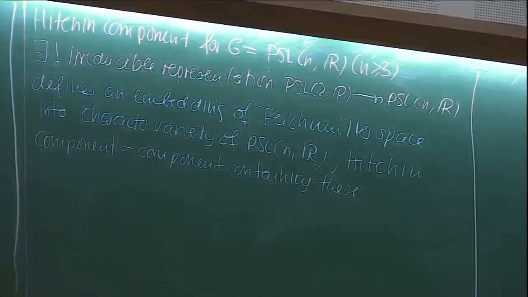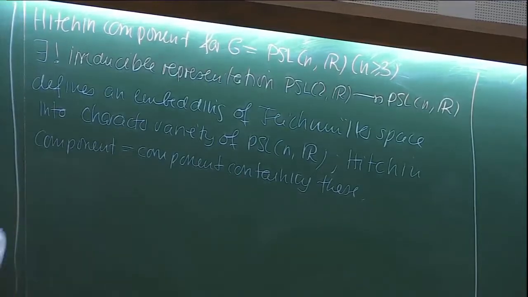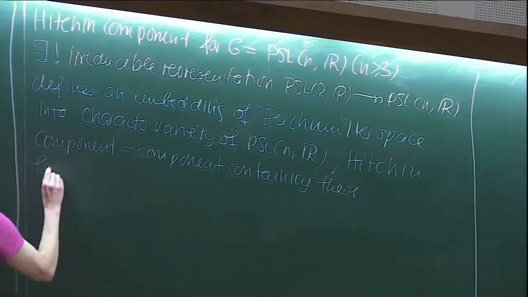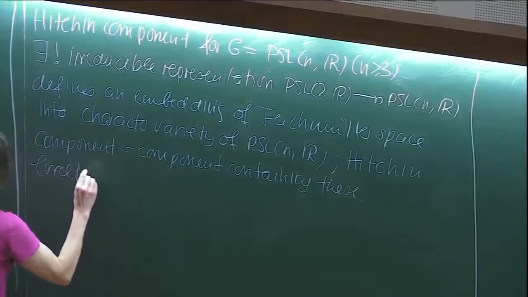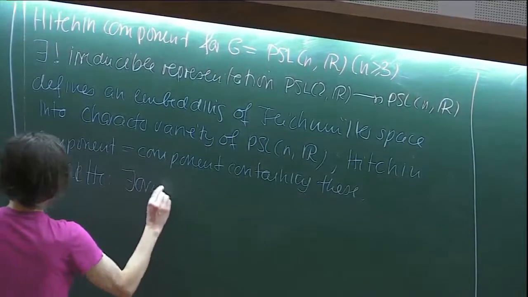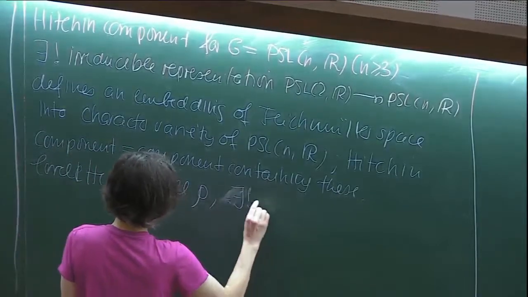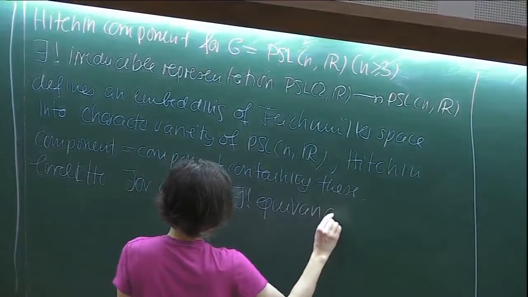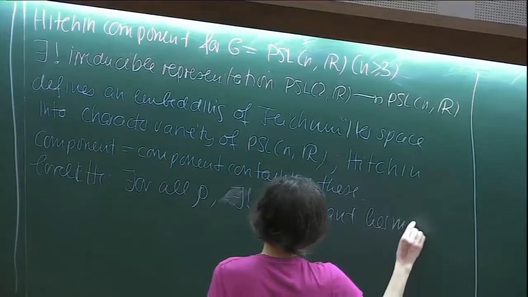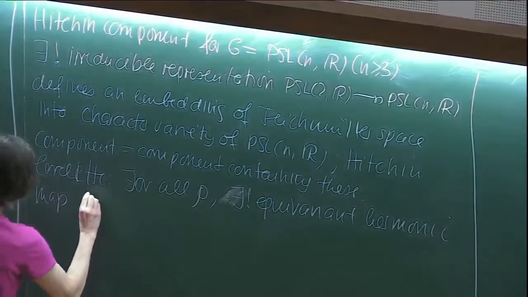Now we have seen already properties of the Hitchin components. Let me remark that you can try to study, as we have seen before, Hitchin components using analysis, namely Corlette, or any other component as well. Corlette showed that for all representations rho, there exists a unique equivariant harmonic map from H2.